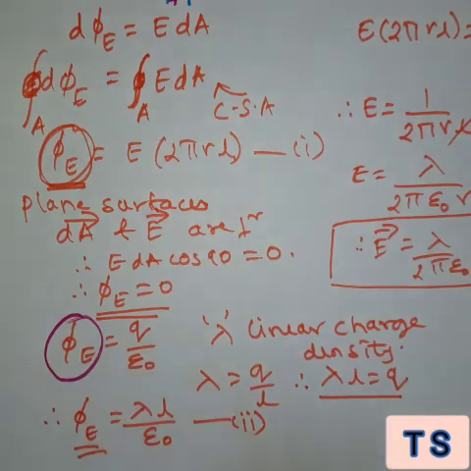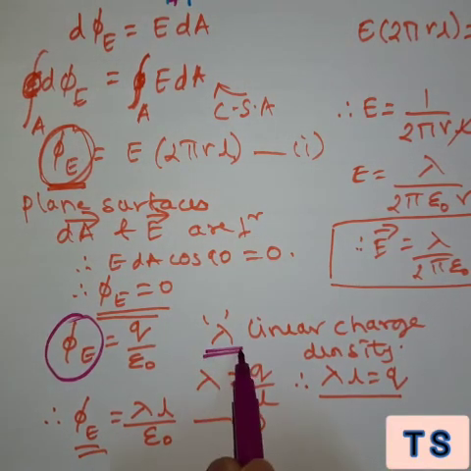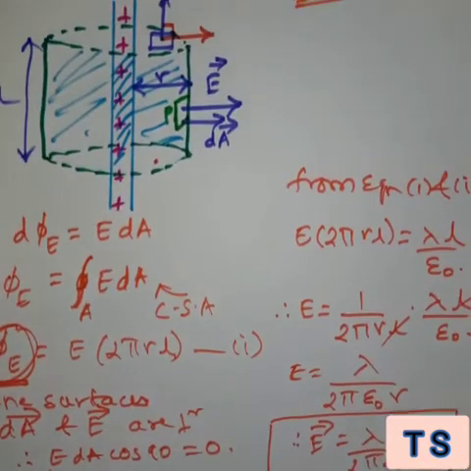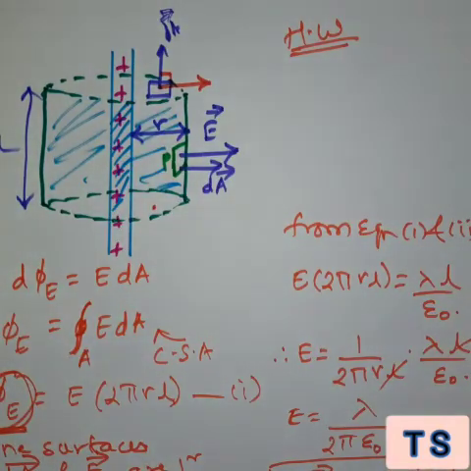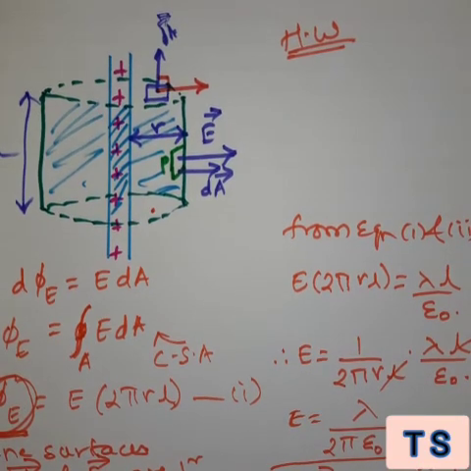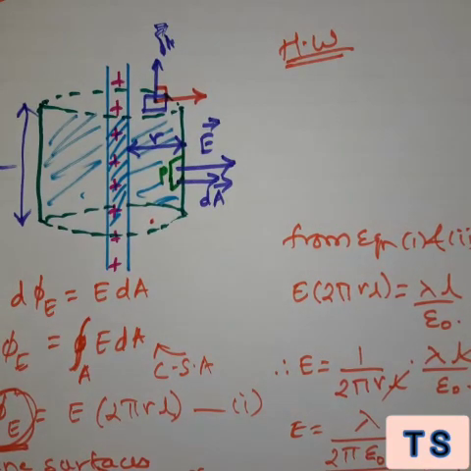We equate both of them, and you get the answer. But it's only about how to decide where we need the linear charge density and where we need the surface charge density. We take surface charge density when there is some plane surface like this page. If there are charges on such a page, then we'll take the surface charge density and not the linear charge density.